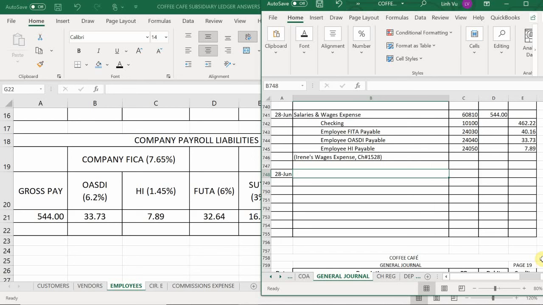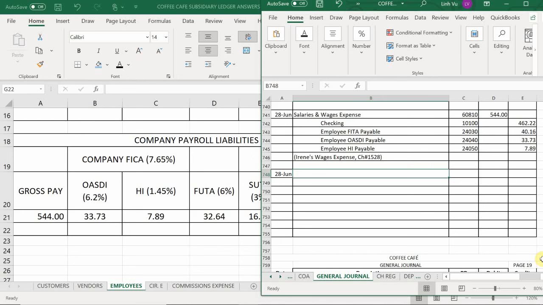Business expense? Not a business expense. Salary and wages expense? It's the company's responsibility, but what are all these items that we just listed here?